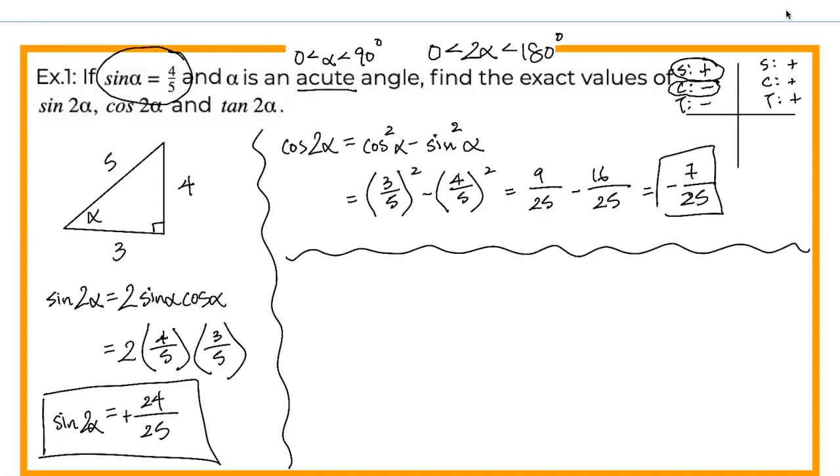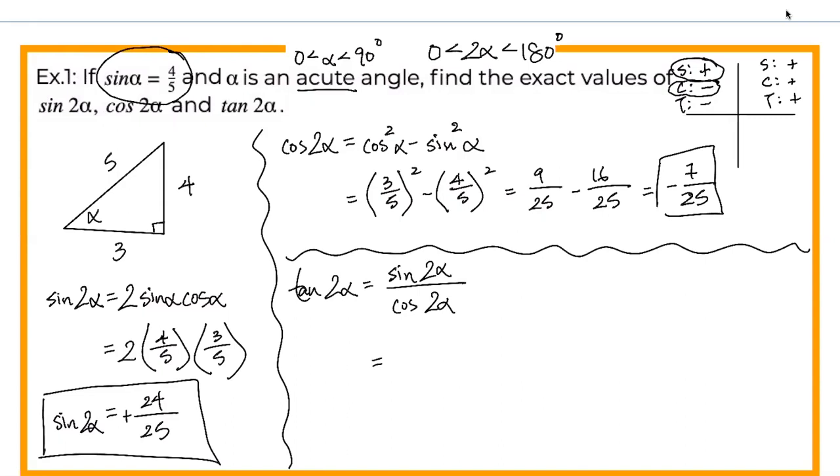All right, our last thing is to find tangent of 2 alpha. Now, if I've already found sine and cosine, I'm going to make this easy for myself and take sine 2 alpha and divide it by cosine 2 alpha.